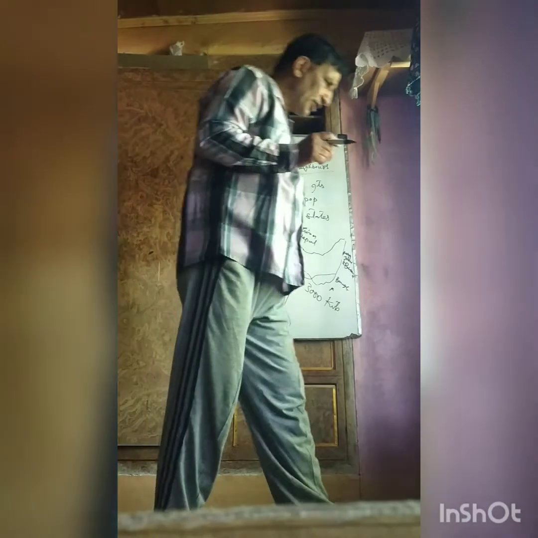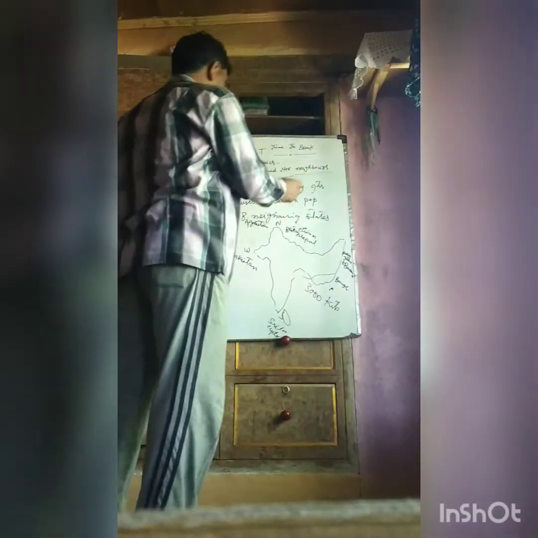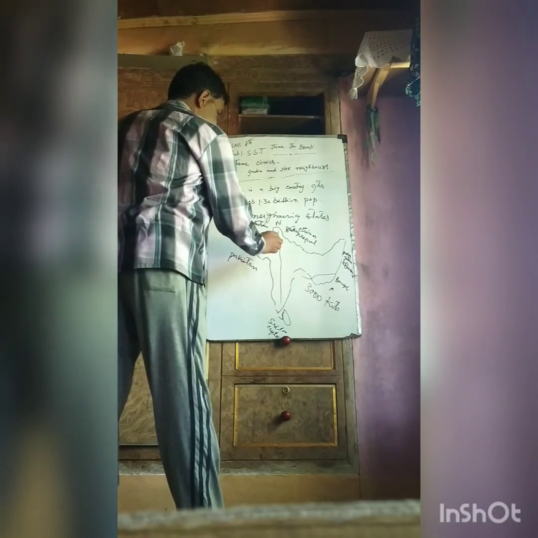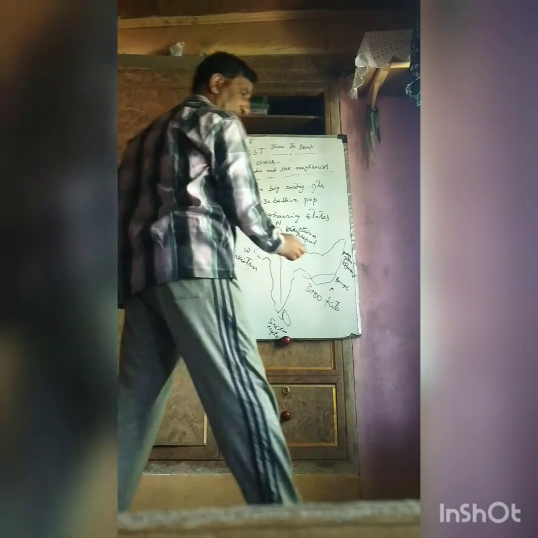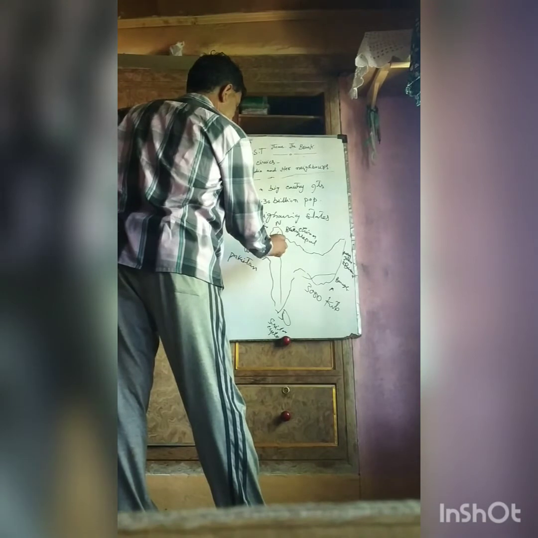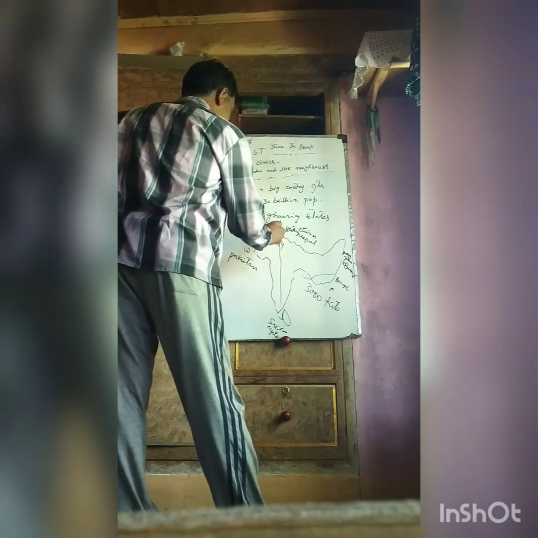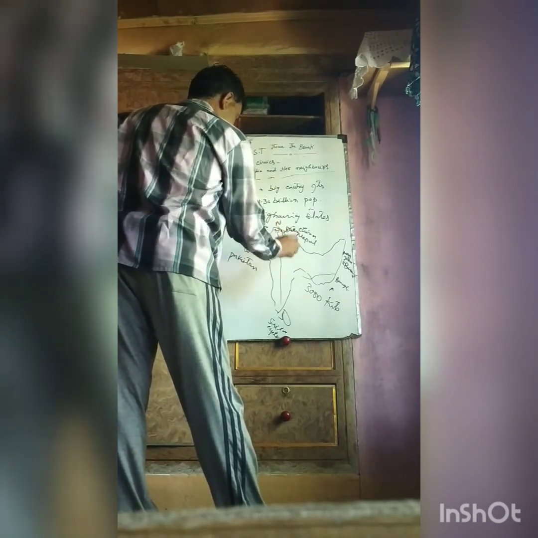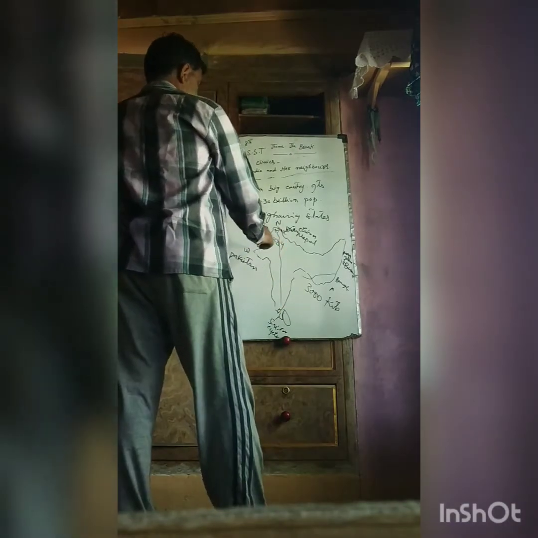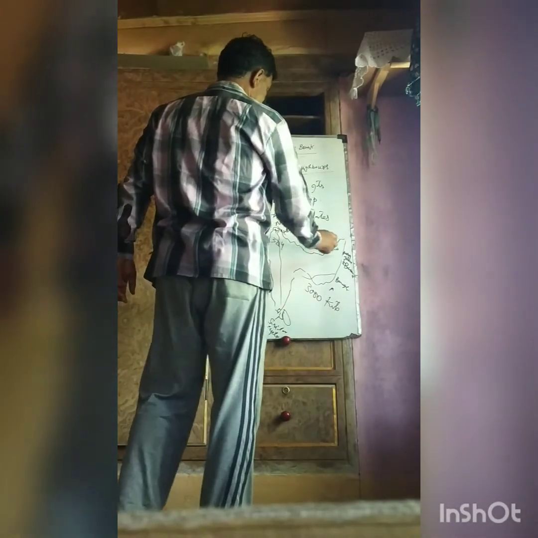Since if we see the north-south extent of India, it is 3,214 kilometers, north-south, I mean to say from J&K up to Chennai, Kanyakumari. Similarly, we have the east-west extent.